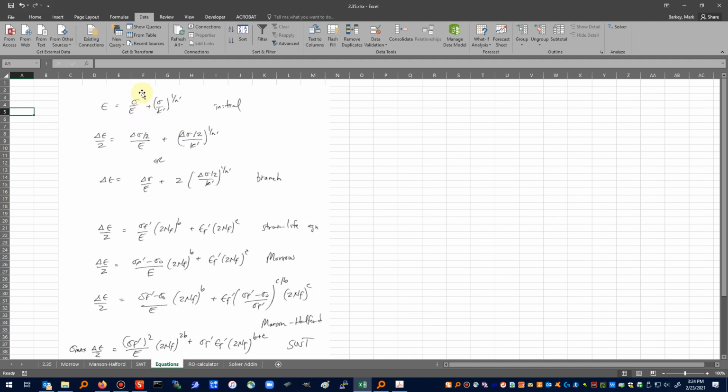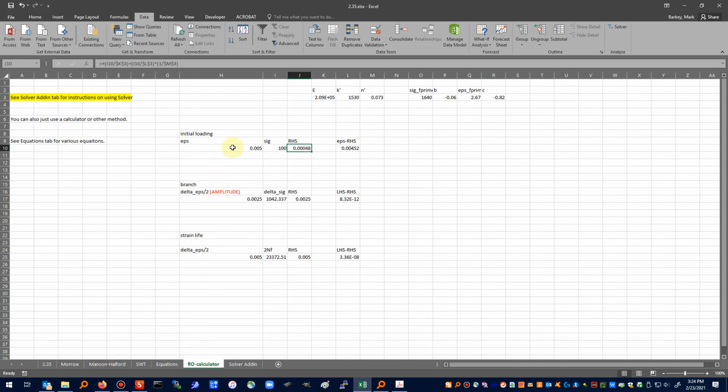If I go to the equations, that's this one right here, the right-hand side for the initial excursion. And here's my epsilon, 0.005. This column has the epsilon value minus the right-hand side. If I were to guess the correct value of stress, this error value would be 0. It's not 0. You can say that's pretty small, but we can make it even smaller and find the right value of stress.